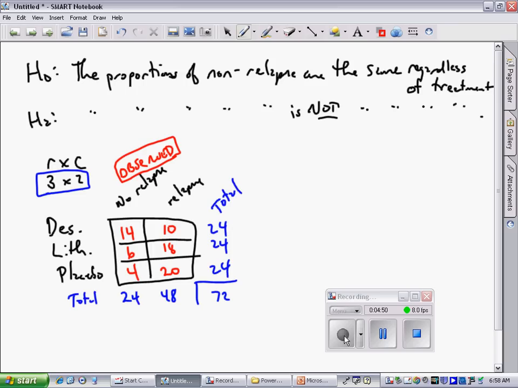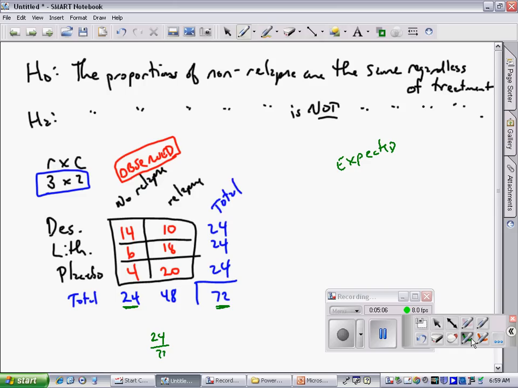The next thing I need to come up with is the expected value for each cell. Well, if I look here, 24 out of 72 of the patients did not relapse. If my H0 is true, that 24 out of 72 should be without concern for whether desipramine's the biggest, lithium's the biggest, or the placebo is the biggest.